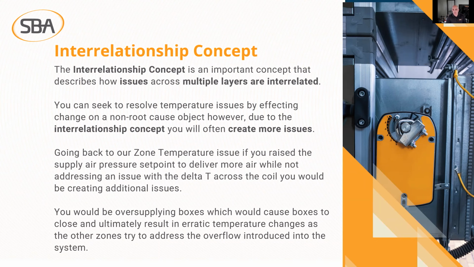But now we're starting to starve other boxes. And so by not addressing the root cause, we're actually starving other boxes and we're going to create issues in other terminal units. I really hope you all heard that and it made sense, because this is one of the biggest issues I see when people troubleshoot: this interrelationship concept. They don't deal with the root cause, and then they make changes to kind of band-aid the situation.